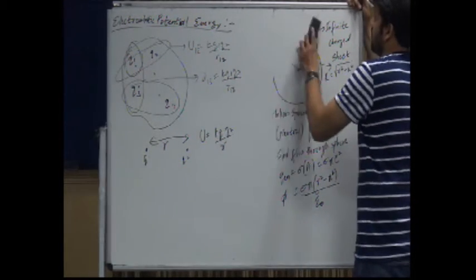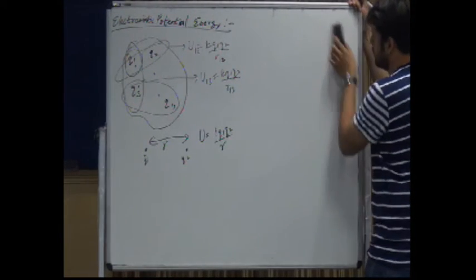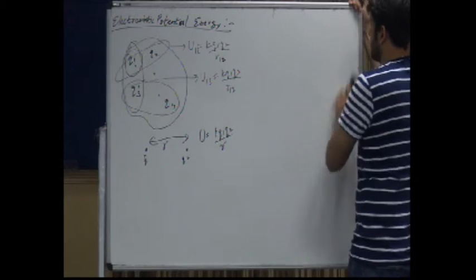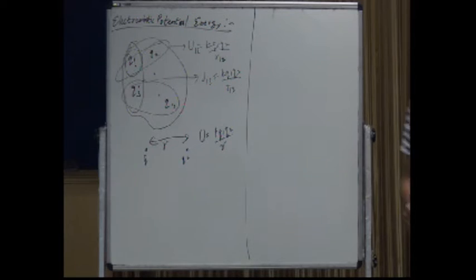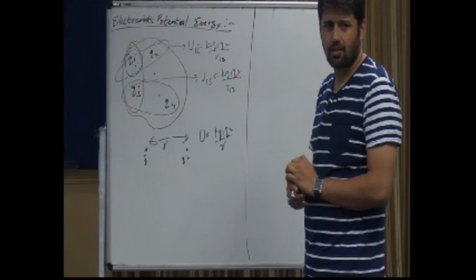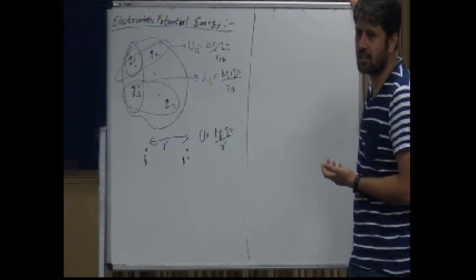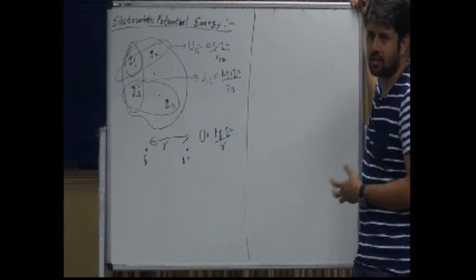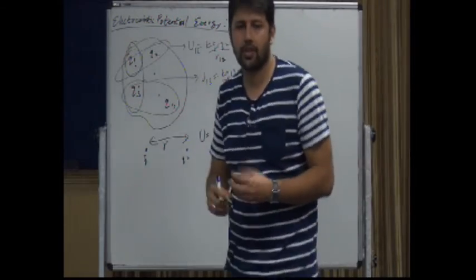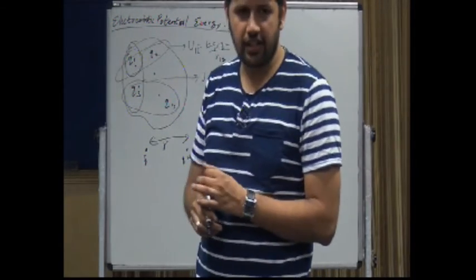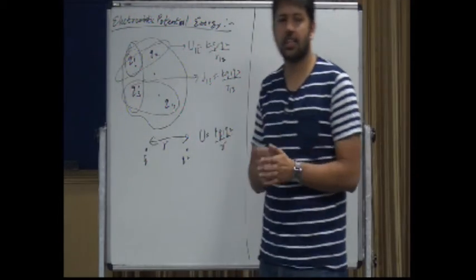I'll erase this one. Now, let's do some questions, a little bit of work on what is electrostatic potential energy, so that we can apply it on good examples. Since it is a form of potential energy, it would be a part of the mechanical energy system. There are two parts of mechanical energy: potential energy as well as kinetic energy.